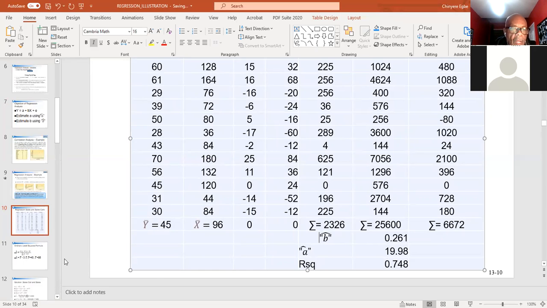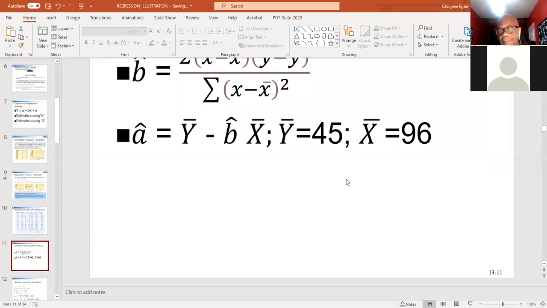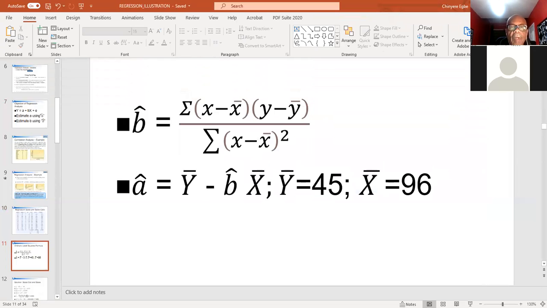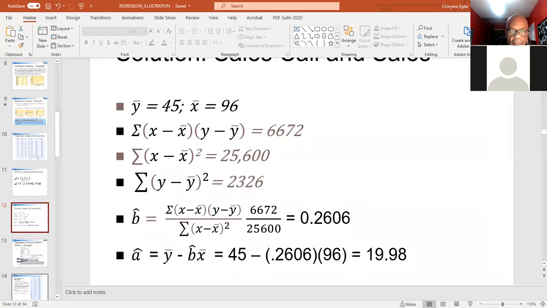Now, that is the formula. First of all, you calculate Y bar, you calculate X bar. So how do you implement this formula? Omar, that was your question.